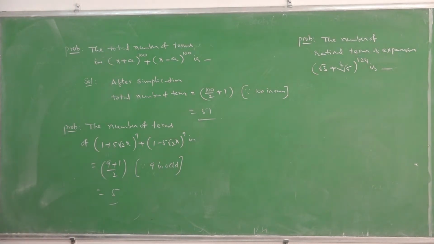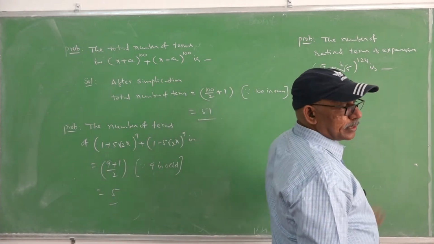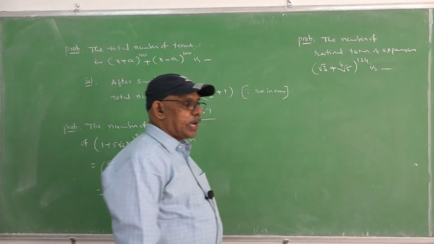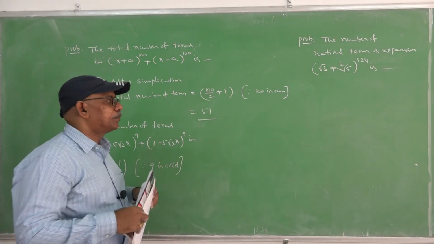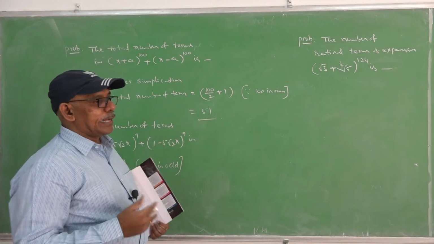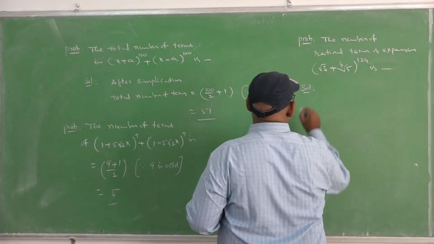Rational terms means the powers of 3 and 5 must be integers, not rational numbers, that means not fractions. Only integer powers are to be considered here.